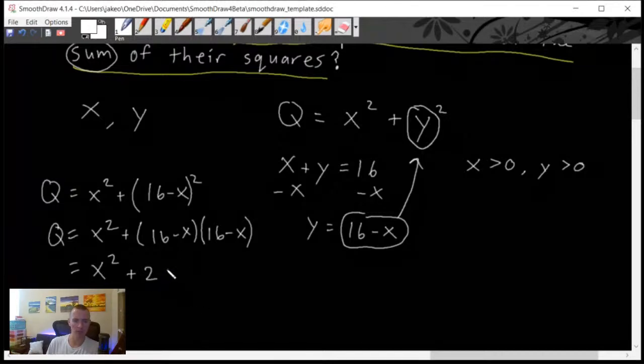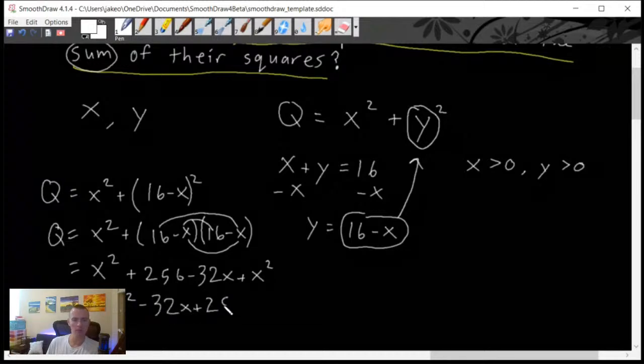So we'll get 256 minus 16x minus 16x from doing that and that, which will give us minus 32x. And then negative x times negative x gives us plus x squared. Okay, and then we can simplify this by combining our like terms. So we get 2x squared minus 32x plus 256.